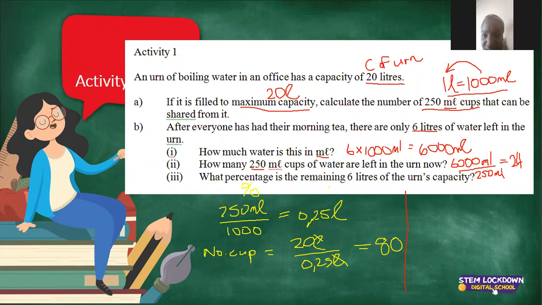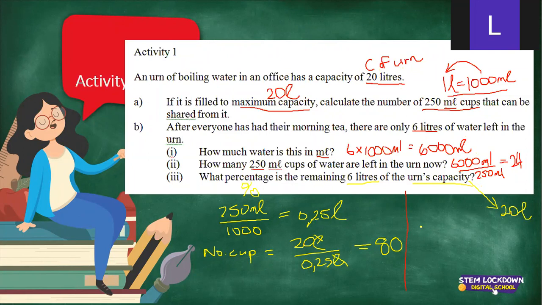When you're comparing two things, you're comparing the 6 liters, which is left, and the urn's capacity. So you need to remind yourself, what is the urn's capacity? The capacity of the urn is 20 liters. Now let me check your answers.